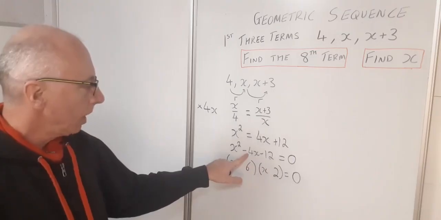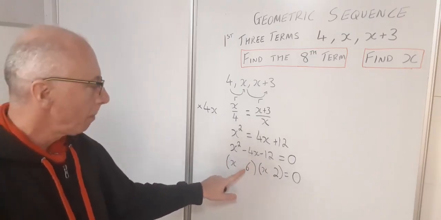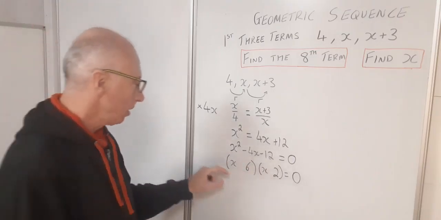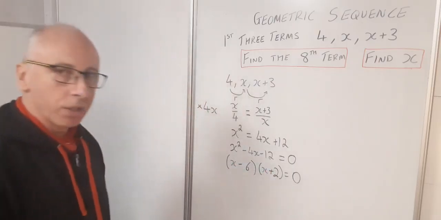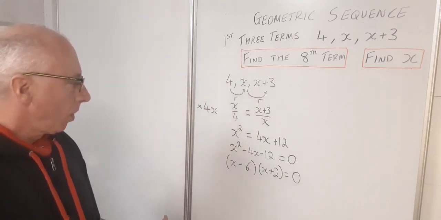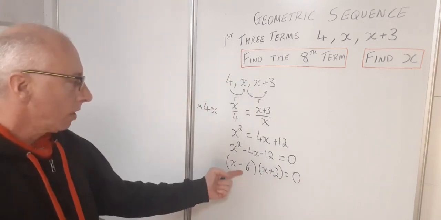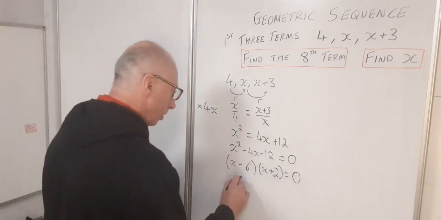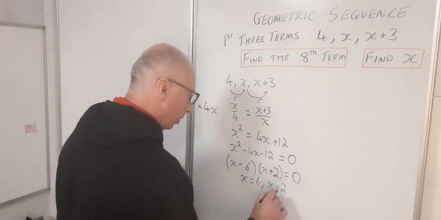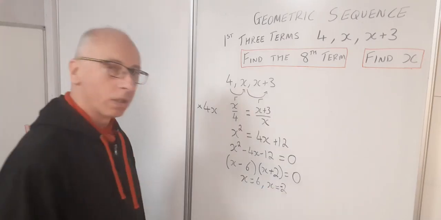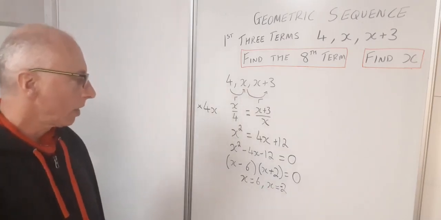And my sum is minus 4, so therefore my biggest should be on the minus. So if that one's minus, then this one should be the plus. So therefore I can say x equals 6 or x equals minus 2. So that's my two solutions for my values.